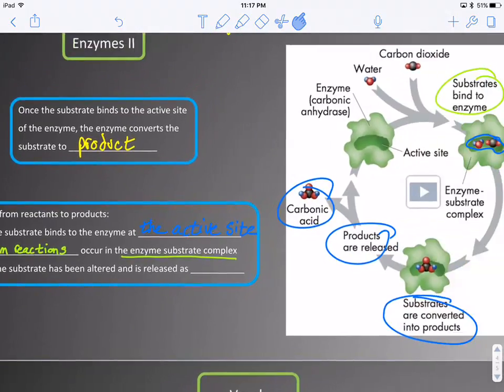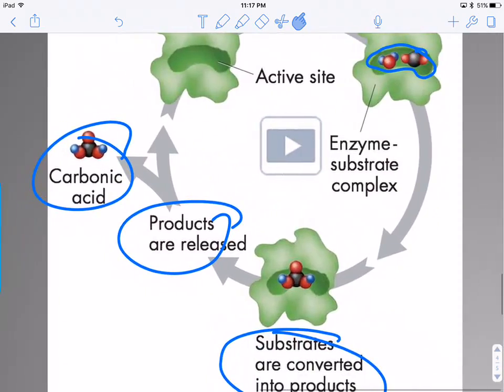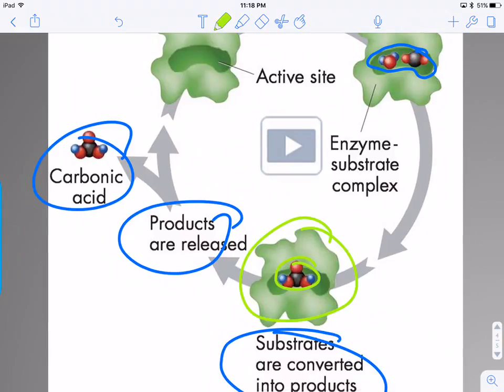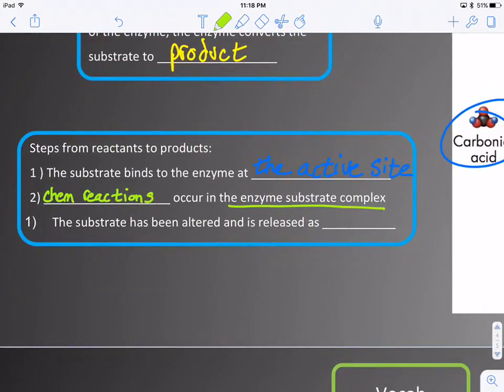And when I say it's the enzyme substrate complex, all I'm talking about is this right here, okay, where we have the enzyme and you have the substrate in the active site. It's the enzyme substrate complex, okay? And then finally, number 3, the substrate is altered and it's finally released as product.